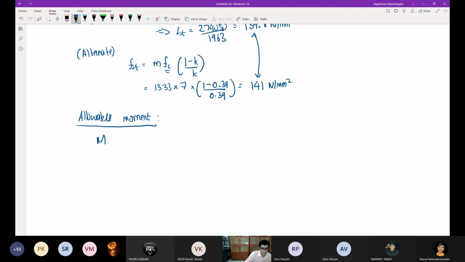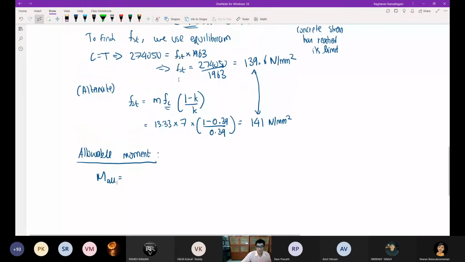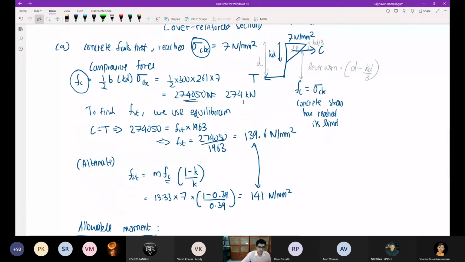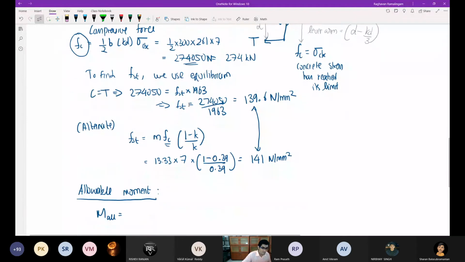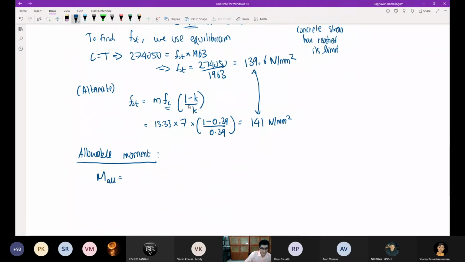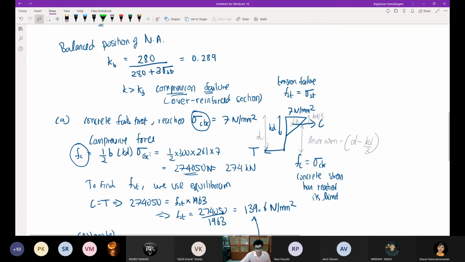So M allowable equals the force, which you already know, we found out somewhere above. I'll just write the whole thing again. It was half B into KD into sigma CBC, so this is what you had for the force, half into B into K into sigma CBC.